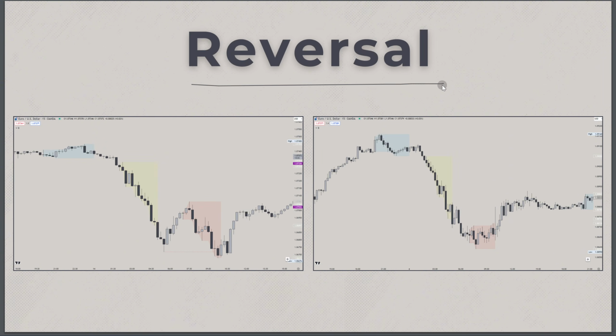Now reversal, on the other hand, is what we got. Asian session here again, euro dollar. We broke below, we just keep going lower, and then in between New York and London we had a significant pullback, but London just kept going lower.